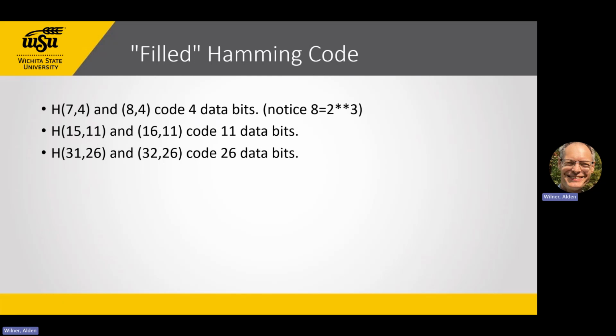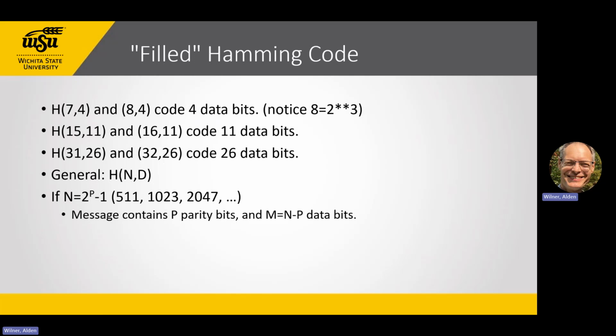If we had a Hamming code of n,d, where n is 1 less than a power of 2, like 511, right? So 31 is 2 to the 5th, 64 is 2 to the 6th, 128, 256, 512 is 2 to the 9th.